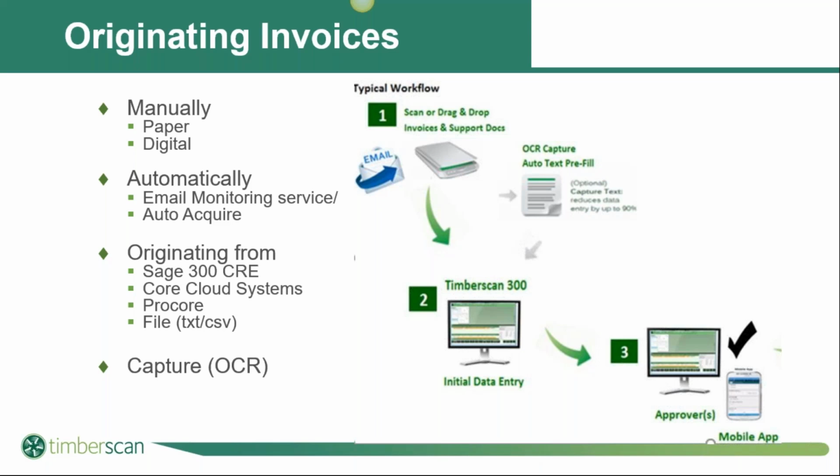We can process invoices from Procore or import invoices from a text or CSV file. And our OCR capture product, I'll just touch on that briefly, can pre-fill data read from an image directly onto the invoice in TimberScan data entry. So we've got a lot to cover. Let's go ahead and look at it.